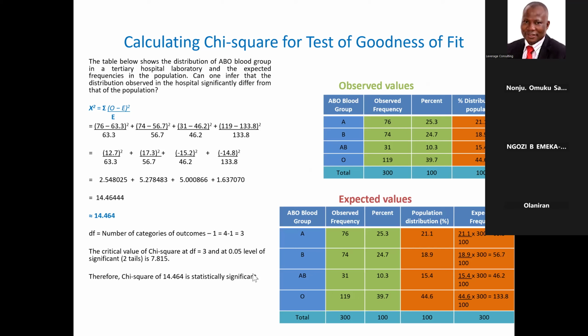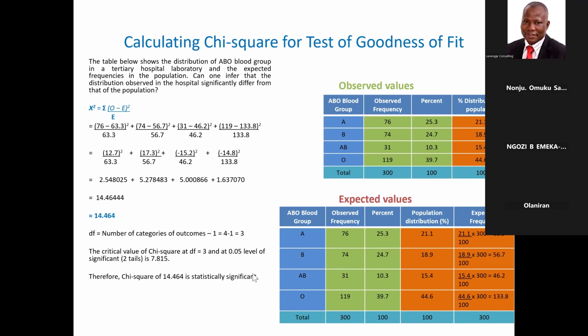If you look at this second table, what you now do is repeat the other table, and insert the expected frequency in another column. The expected frequency for the existing population for A is 21.1%. That means 21.1 over 100, and you multiply by 300.